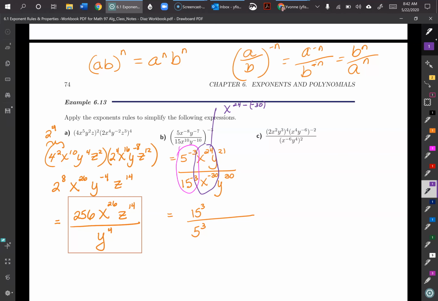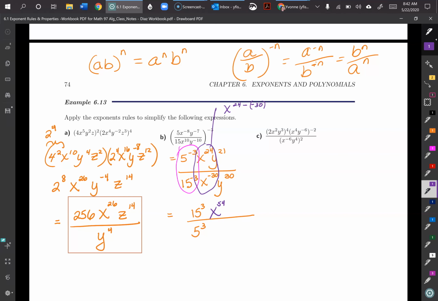So that's going to give me a positive 54. So I'm going to write that up in the top. Another way you could think of it is you could bring that x to the negative 30 up above, so it would be x to the 24th times x to the 30th, and I would add exponents.